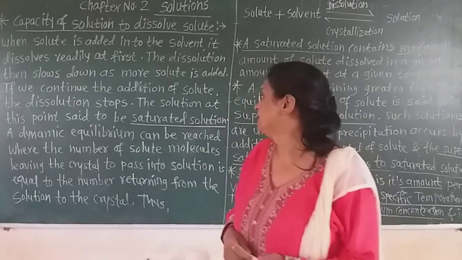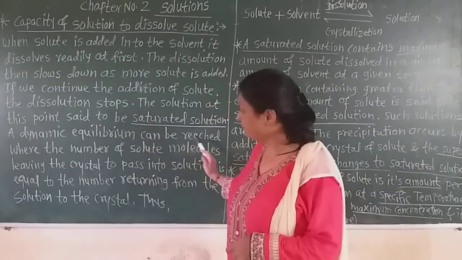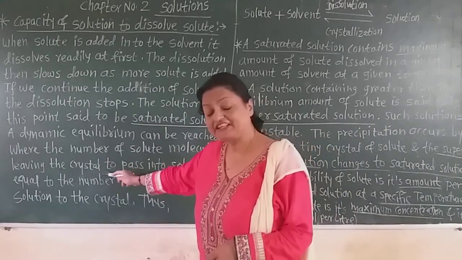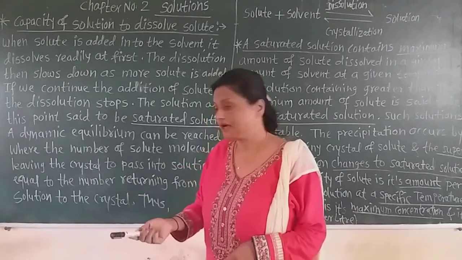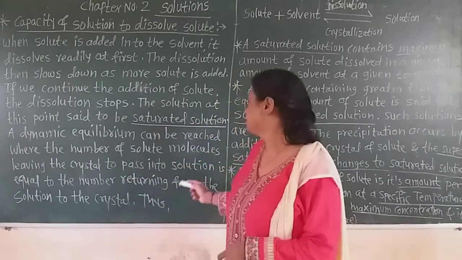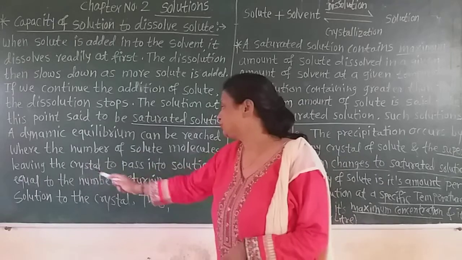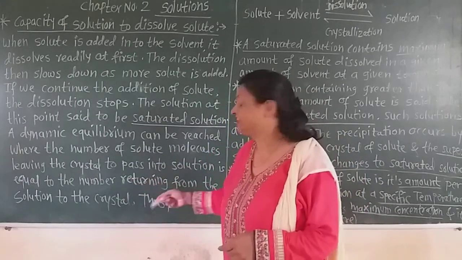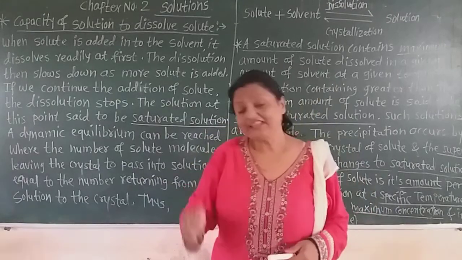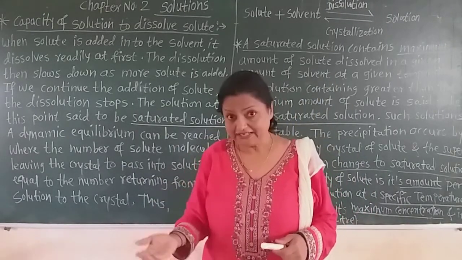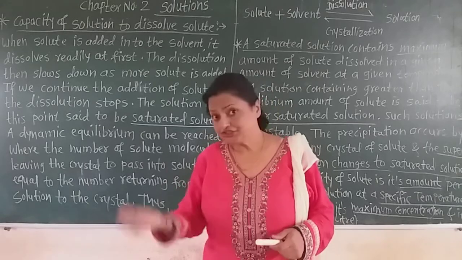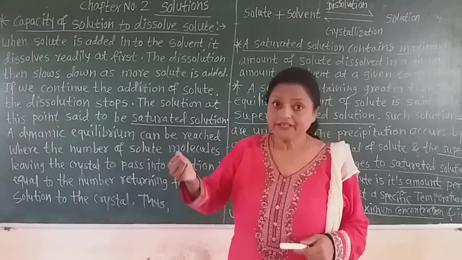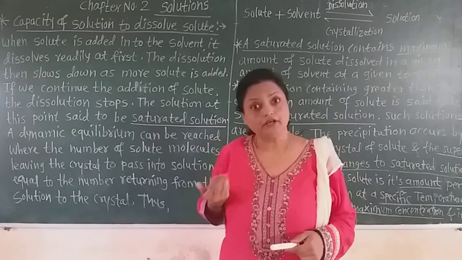That means a dynamic equilibrium can be reached where the number of solute molecules leaving the crystal, that is, passing into the solution, is equal to the number returning from the solution to the crystal. That means the dissolution of the crystals into the solution is equal to the number of solute crystals which are formed again from that solution.